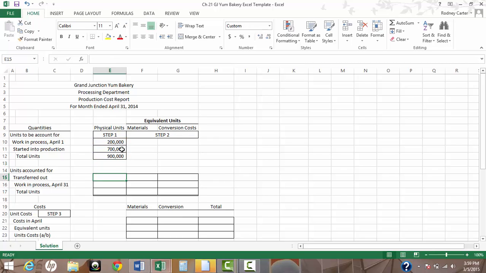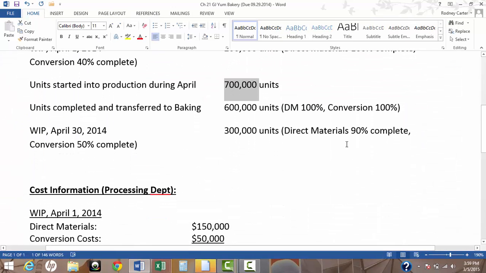Now down here, when we account for them at the end of the month, we had 600,000 units that we transferred out, and we had 300,000 units that we still had in WIP that are partially complete. You'll remember that they are 90% complete on the direct materials side and 50% complete on the conversion side, these 300,000 units.